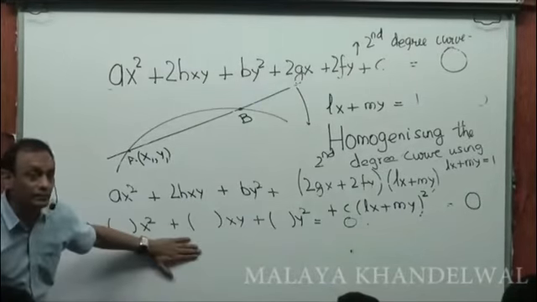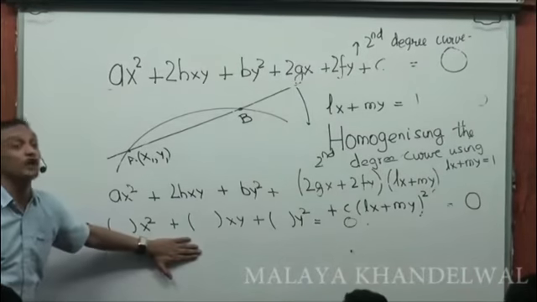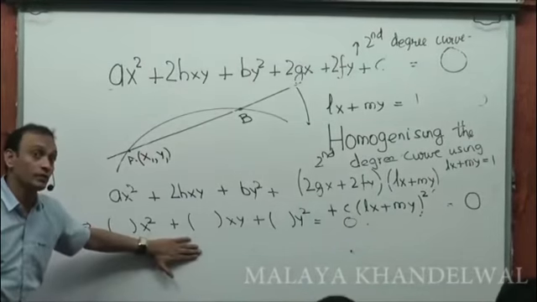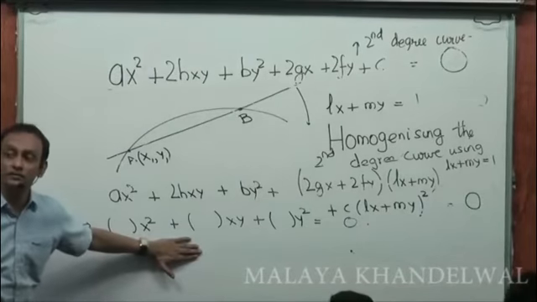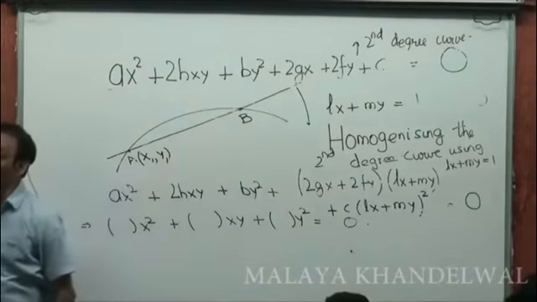What did this represent? This represented a pair of straight lines passing through the origin. And A must lie on that pair. Similarly, B will also lie on that pair.